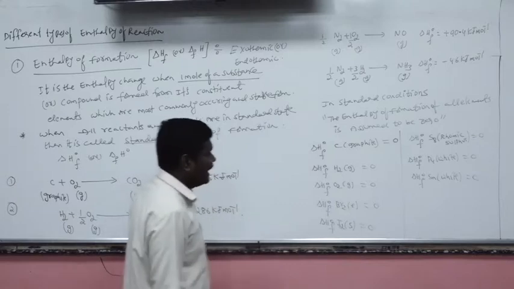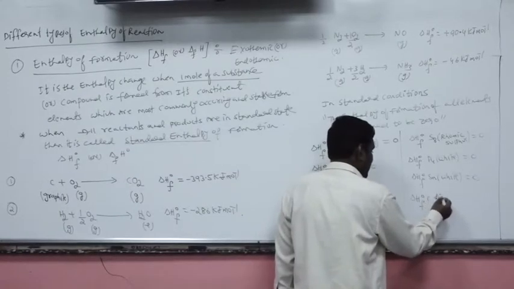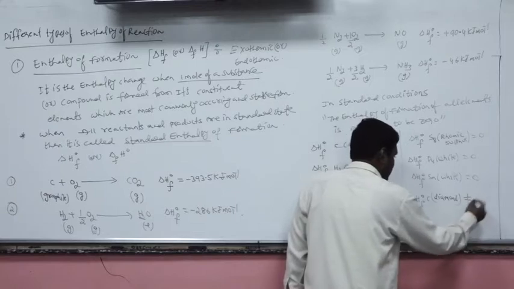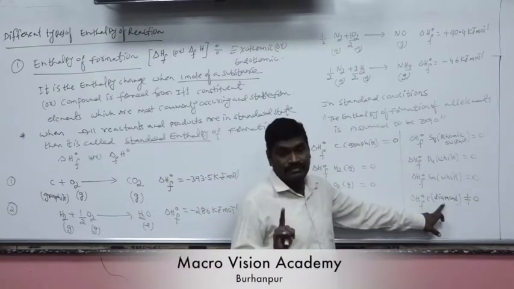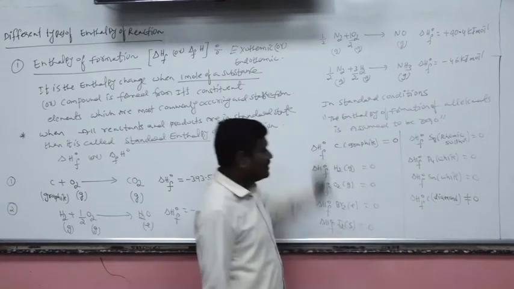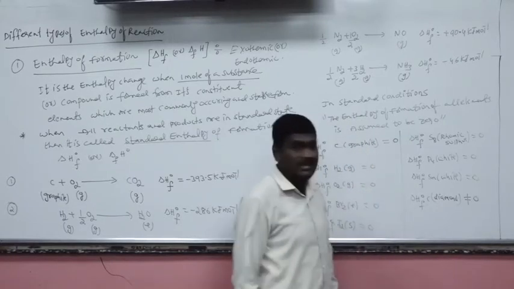Now here, suppose the standard enthalpy of formation of C diamond is non-zero. Remember, diamond is not the stable form. Graphite is the stable form in the standard conditions. So the standard enthalpy of formation is non-zero, isn't it?